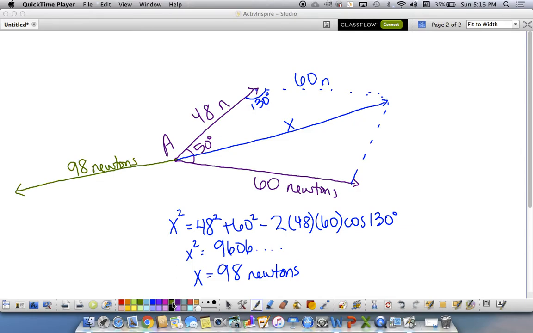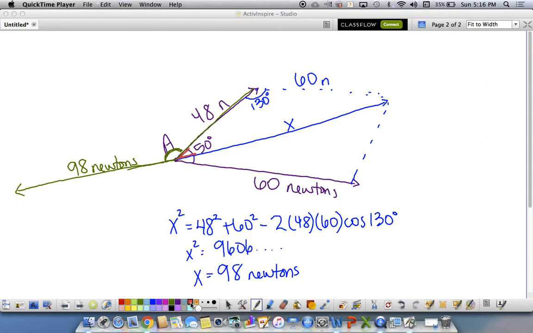So now it's asking another question. What is the angle between the equilibriant, which is this green line, and the 48 newton force, which is this line? It's asking, what is this angle? To find that, we have to figure out what is this angle right here.